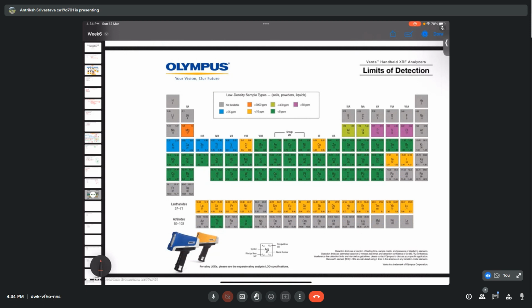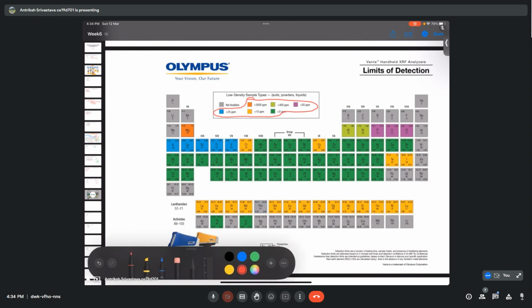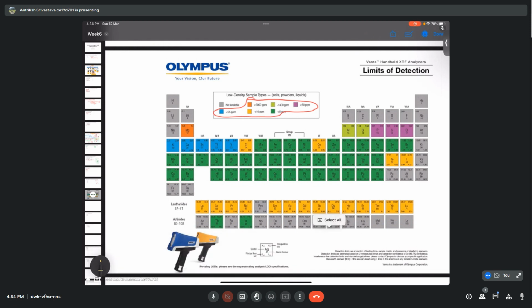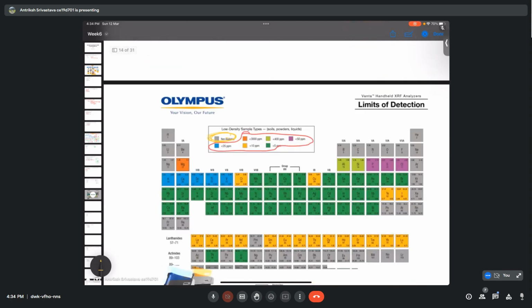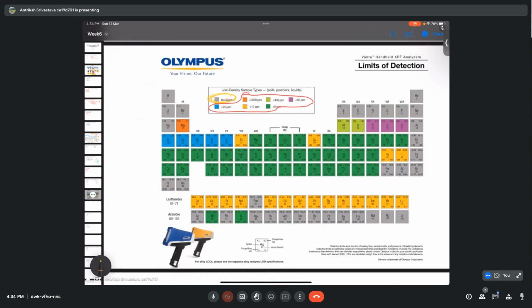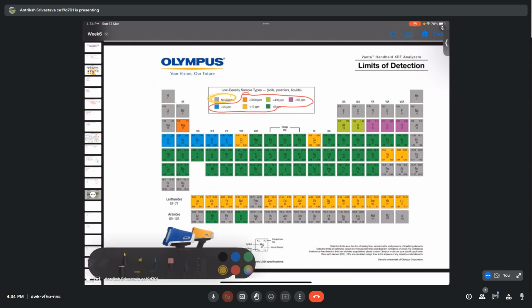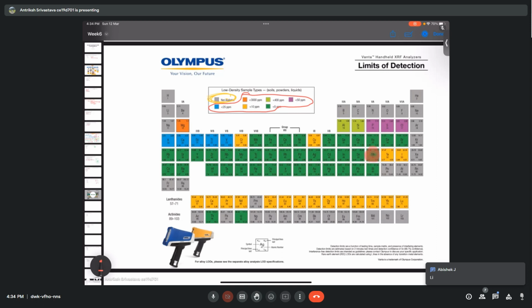See, PXRF is available for all these kinds of elements, but not available for these. So what are the ones not available? Let's check the options. The symbol for antimony is SB, and we can see SB is here. Yes, Abhishek is correct, it is lithium which is not available.